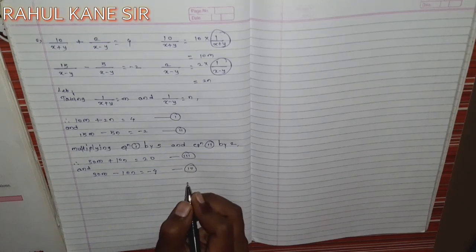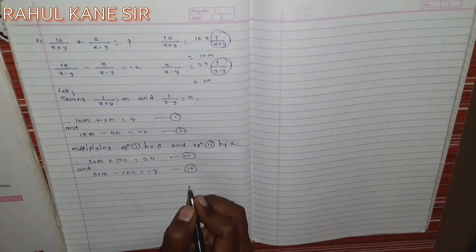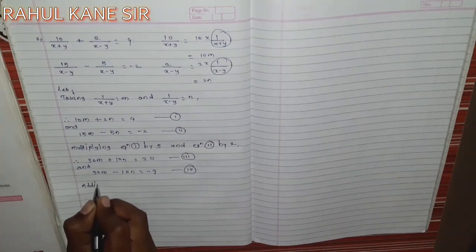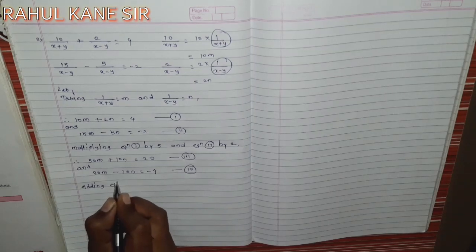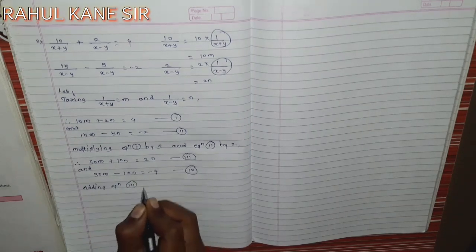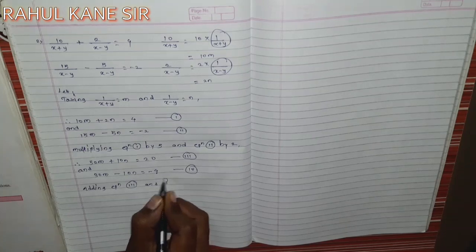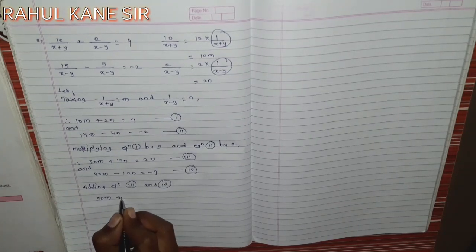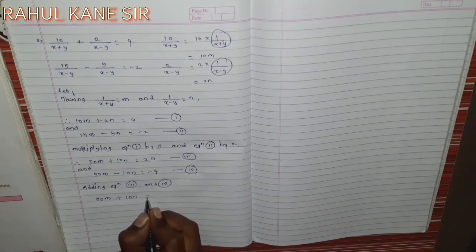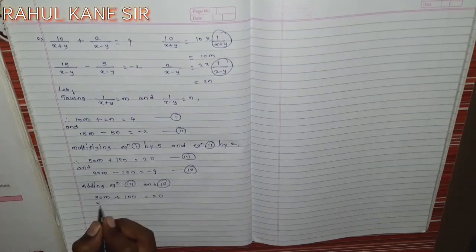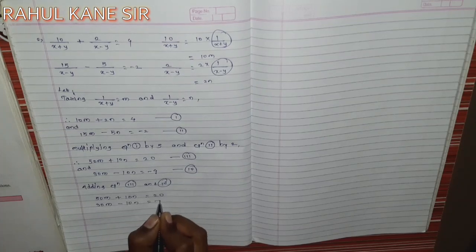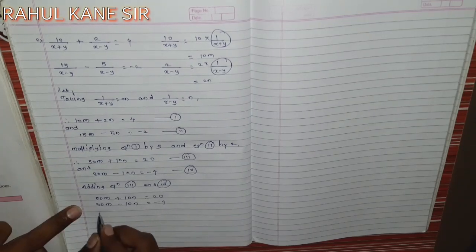In equations 3 and 4, the coefficient of n is the same and has a different sign, so we are going to add them. Adding equations 3 and 4: 50m plus 10n equals 20, and 30m minus 10n equals minus 4.